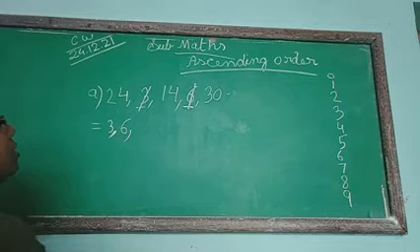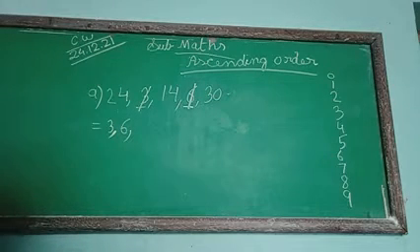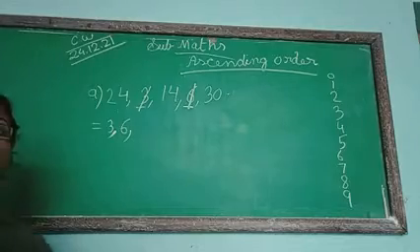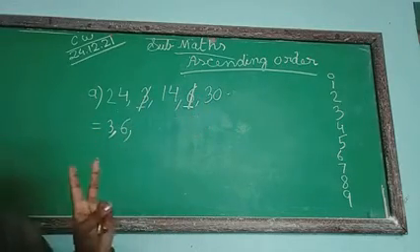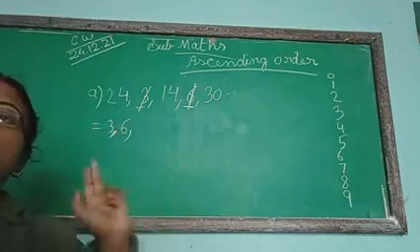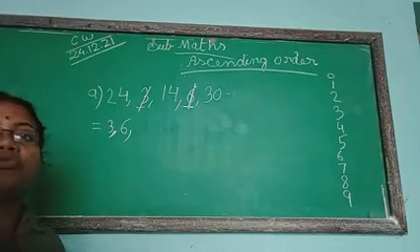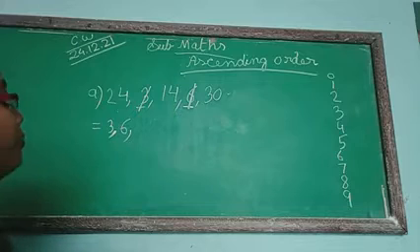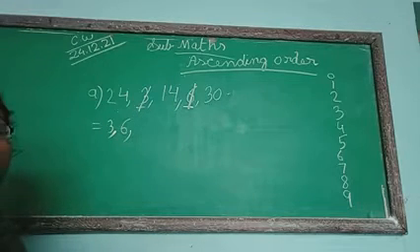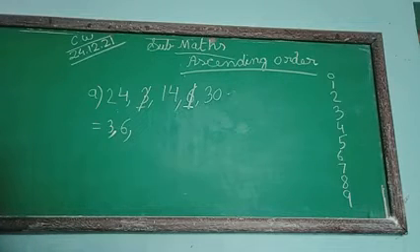Now you see 24, 14 and 30. There are three numbers and all three are two-digit numbers. Now how will you identify which is the smaller one and which is the bigger one? Which is the smallest one? If it is a two-digit number, then you go to the tens and ones places.